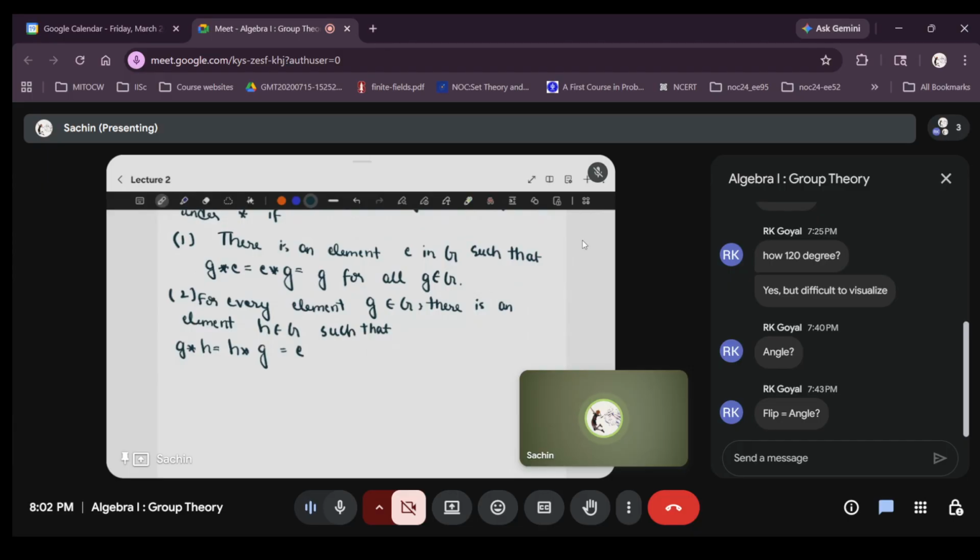That is, every element in the set G has an inverse.